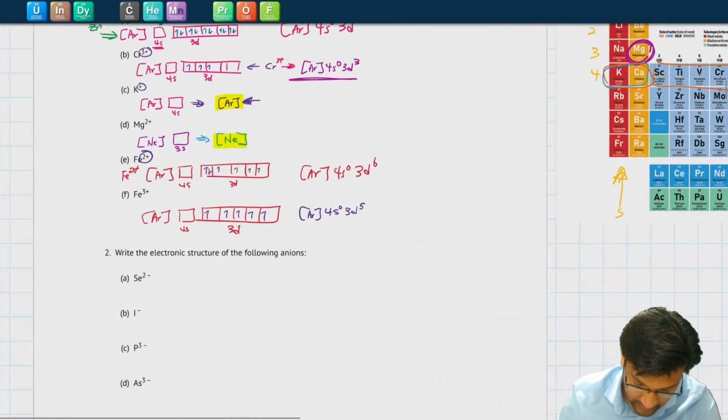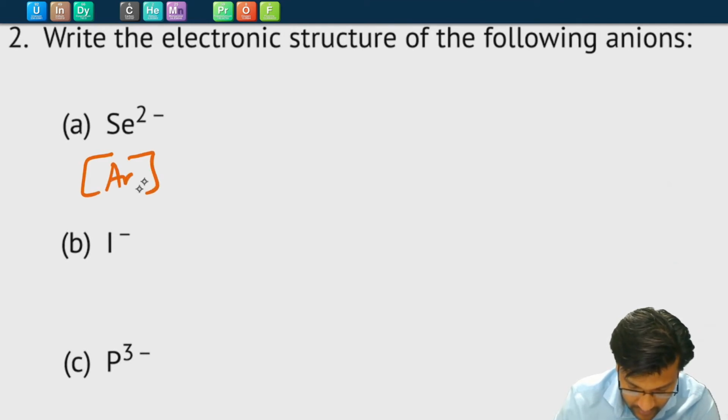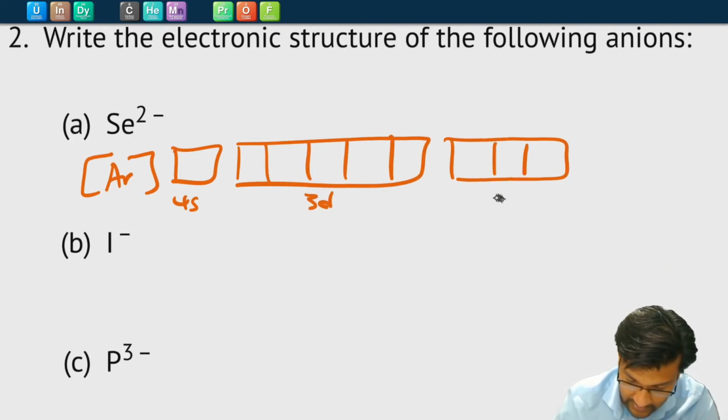So let's draw the boxes. So we have argon, a little box for 4s, a box for 3d, and boxes for 4p, right? 3d has 5 orbitals, 4p has 3 orbitals.